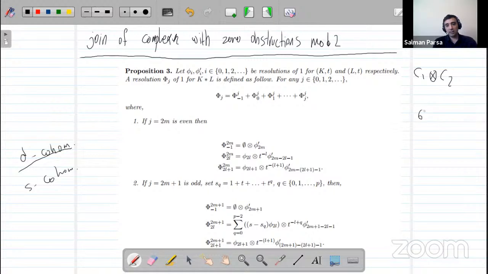If you take a sigma, so let's say the class of sigma is a cell in K divided by T, then there's this operation that sends the class of sigma to sigma plus T sigma.